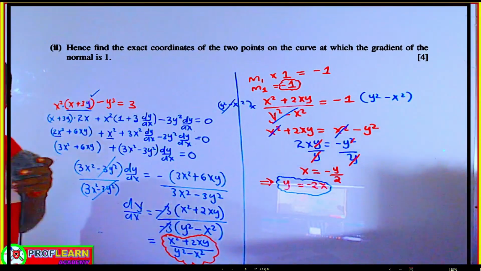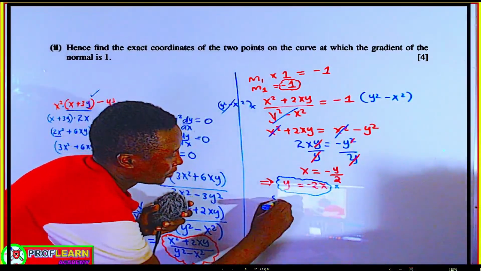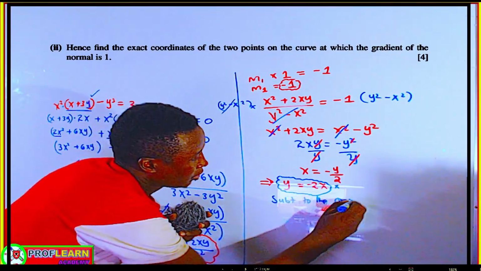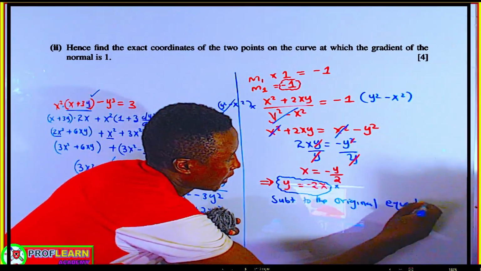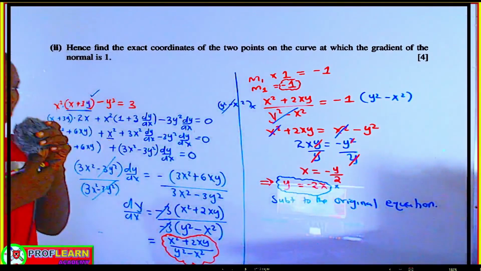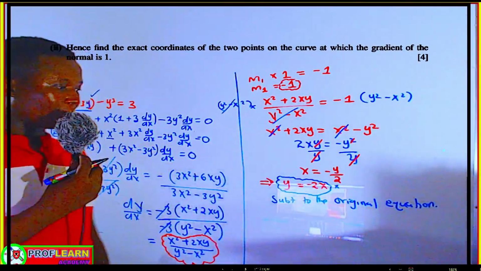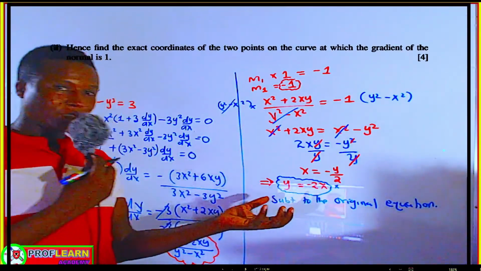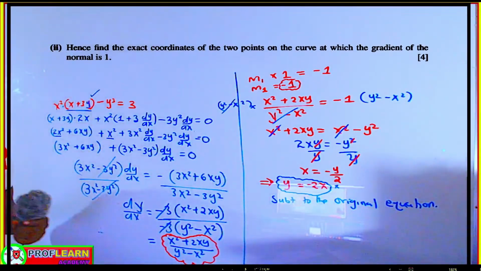So this value that we have gotten at this given point will be substituted into the original equation so that we can form a quadratic equation that we are going to solve. Once we solve that equation, we can know the coordinates they are talking about.